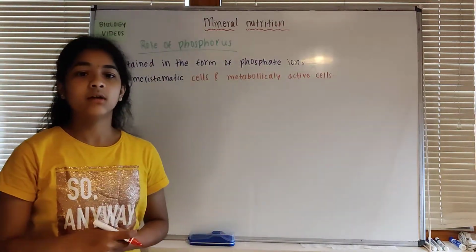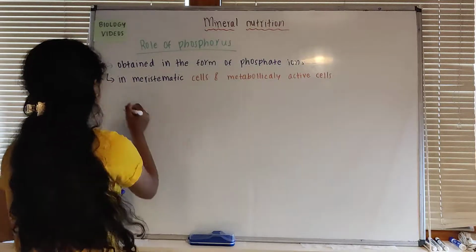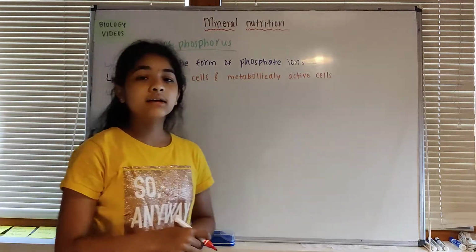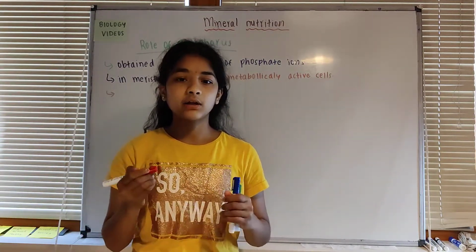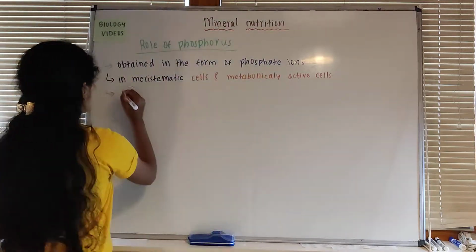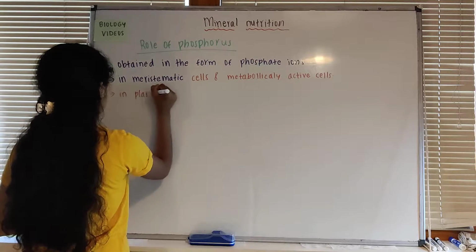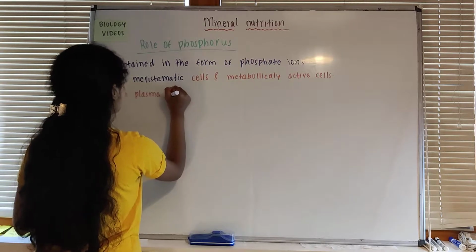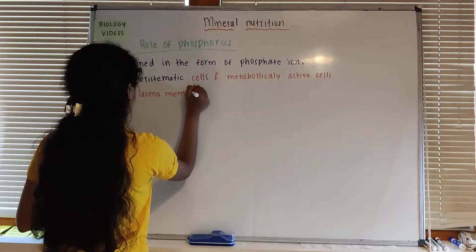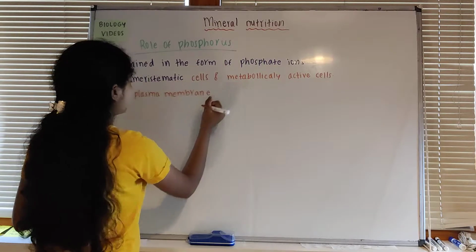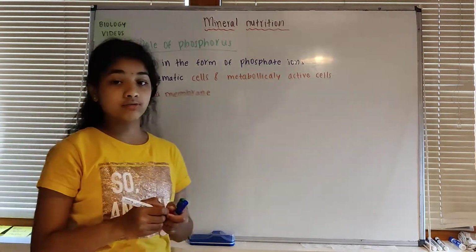Now the next thing is that phosphorus is a part of the plasma membrane, in the structure of the plasma membrane or cell membrane. The plasma membrane has phospholipids.